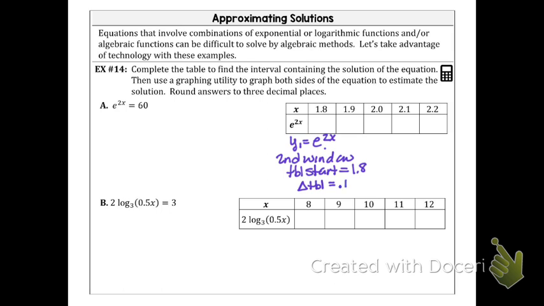So then I go to my second graph to look at my table, and I can see 1.8 is, I'm just going to round to 1 decimal place here, 36.6. 1.9 is 44.7. 2.0 is 54.6. 2.1 is 66.9. And 2.2 is 81.5.